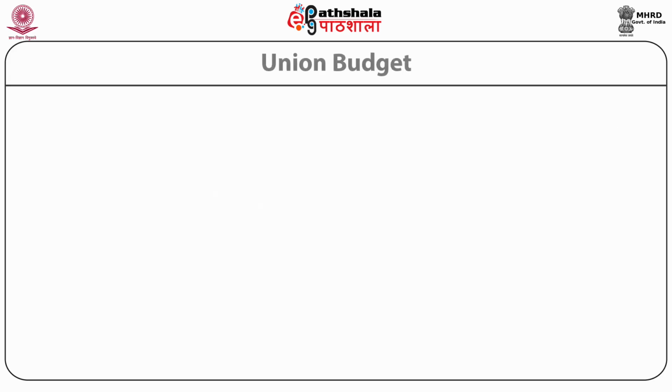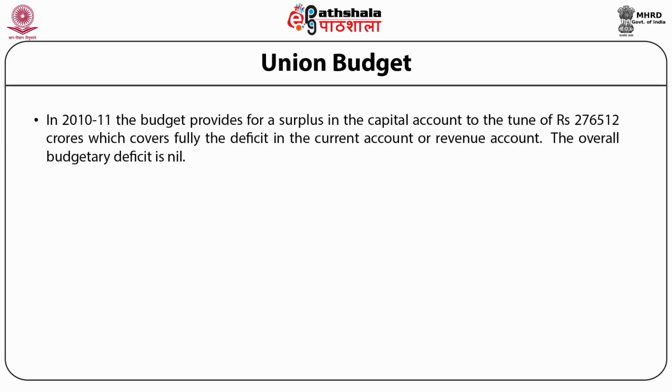time. In 2010-11, the budget provided for a surplus in the capital account to the tune of 2,76,512 crores, which covers fully the deficit in the current account or revenue account. The overall budgetary deficit is nil.